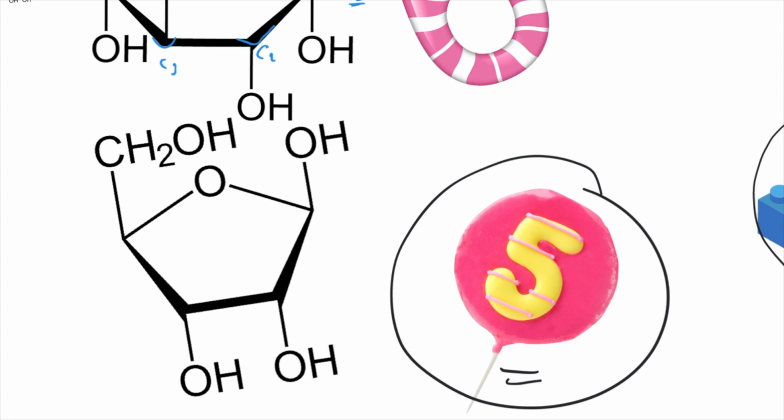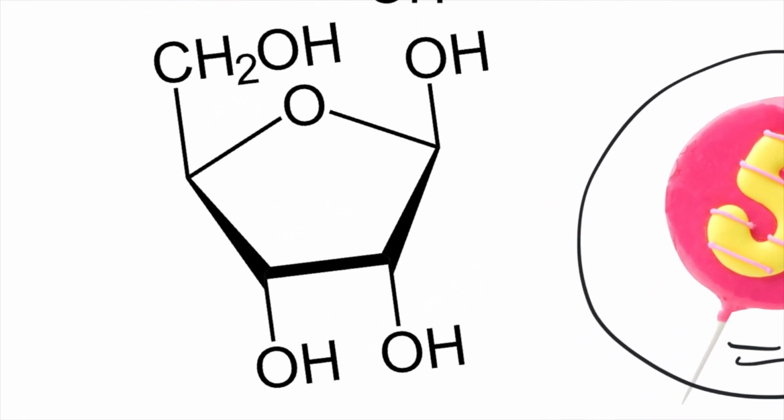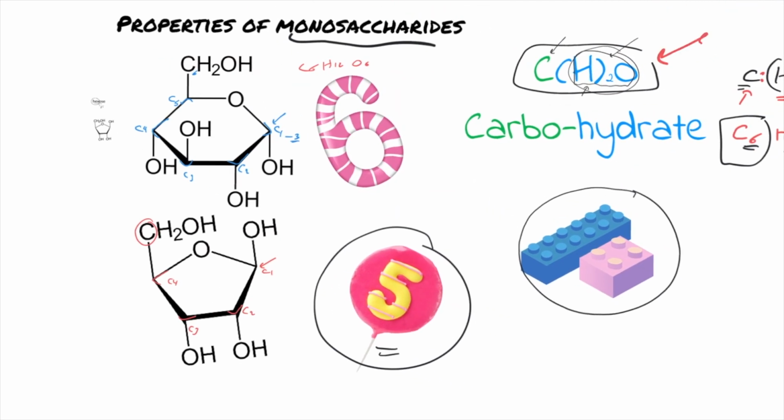Again, to count the carbons, you start here. This is carbon 1, carbon 2, carbon 3, carbon 4, and the 5th carbon. So that's basically the 2 categories of monosaccharides. Remember their general formula, remember that they are the building blocks, and remember that they fall in 2 categories: hexoses and pentoses.